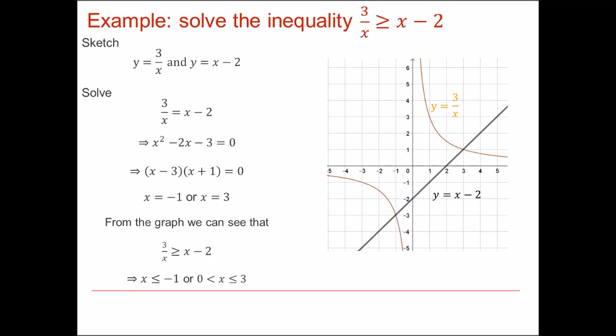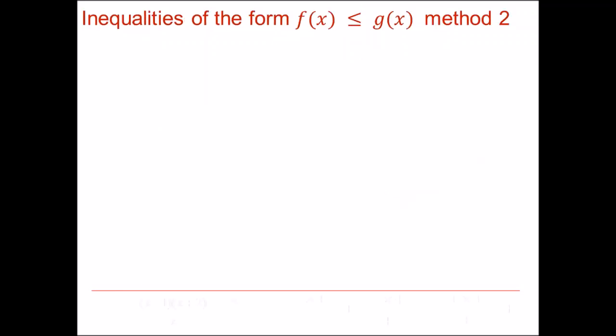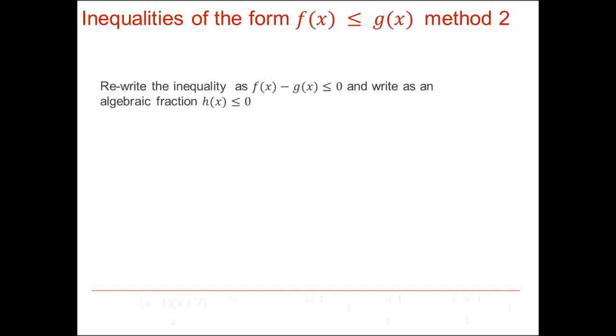The second method that I want to look at involves taking our inequality f of x less than or equal to g of x and firstly writing it as something less than or equal to 0. Then we have an algebraic fraction which I can call h of x.